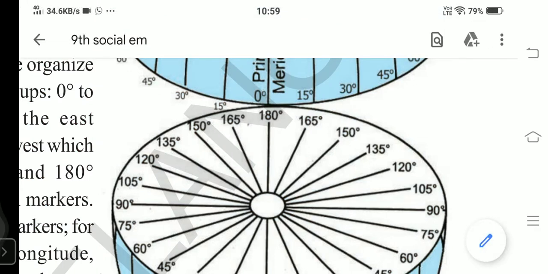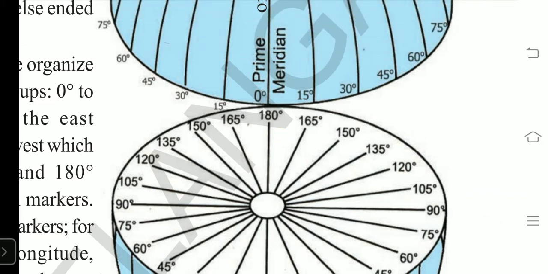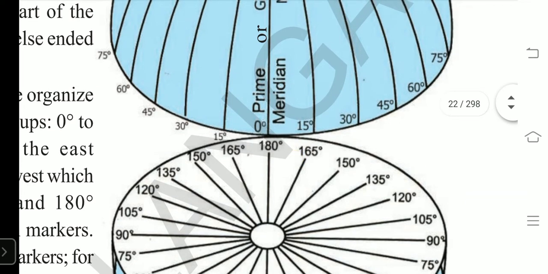Up to here 15 longitudes are there. So for one longitude, if the time is 4 minutes, then for 15 longitudes it is 15 into 4. How much is it? 60 minutes. It means 1 hour. My dear students, for every 15 degrees of longitude, we find a time difference of 1 hour.